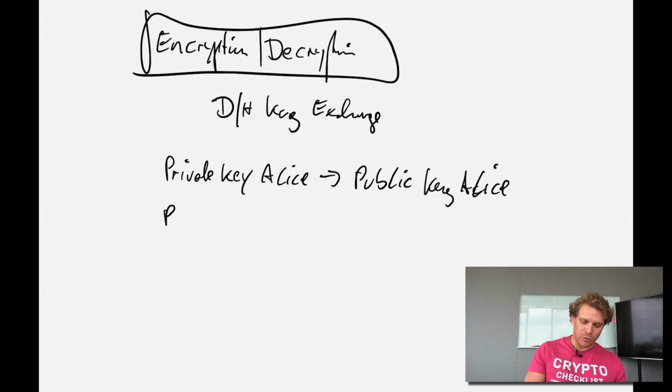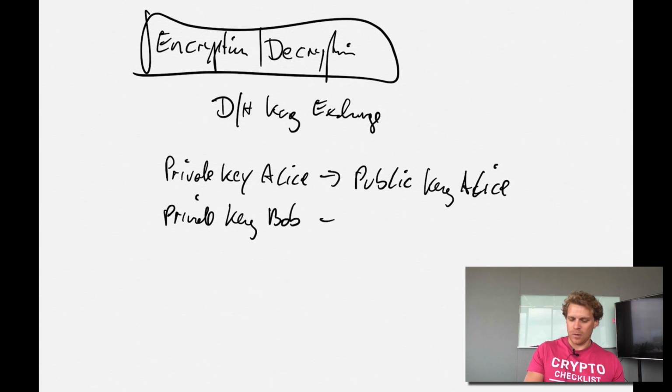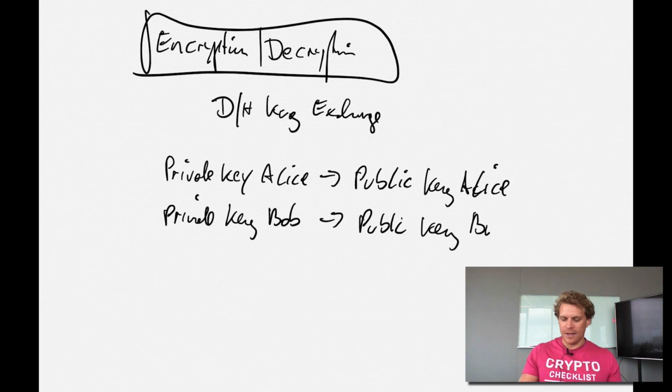And then we have the private key of Bob, which generates the public key Bob. And so now they can exchange the public keys, and add their own private keys to each other. Always add your own private key.